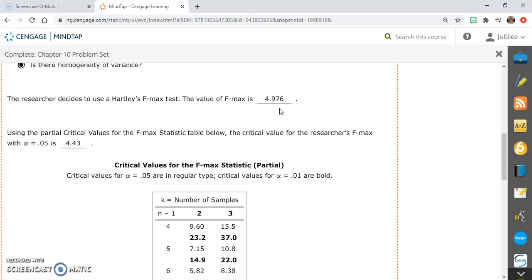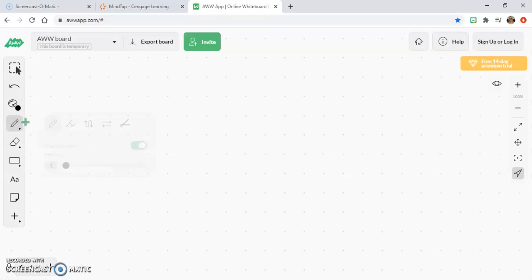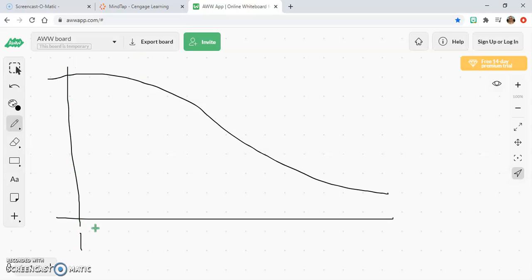You'll notice that my Fmax is larger than the critical value, which means that my variance is significantly bigger than I want it to be. The F test is only a positive test, so it's only the first, like one side of the bell curve. An Fmax of 1 means that I have exactly equal variance.